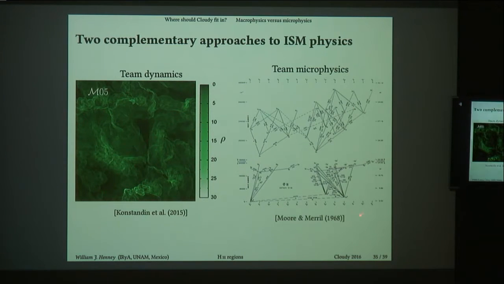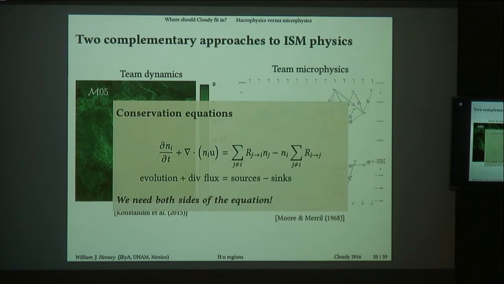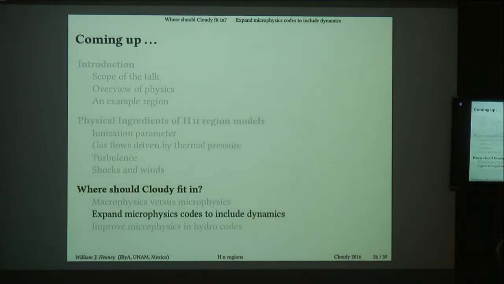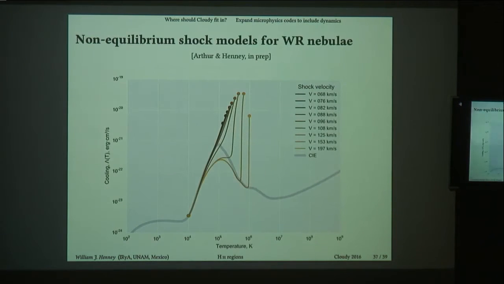And the people who like to concentrate on the microphysics. Here is another Grotrian diagram, this time for O II. Now really we need both of these approaches, because if you consider the conservation equations for any species i, you have the dynamic terms, the evolution plus the divergence of the flux of it. Then you have the sources and the sinks, which is the microphysics: the radiative rates, the collisional rates, the ionization, etc. So how can Cloudy help with this?